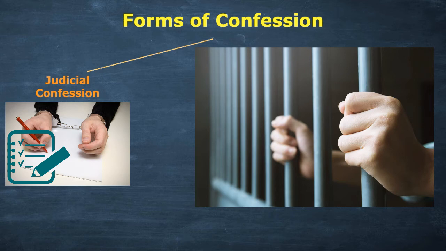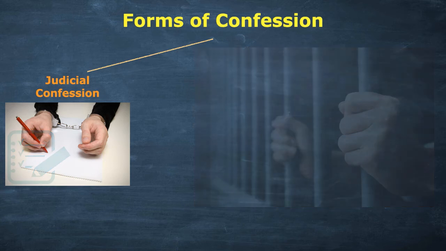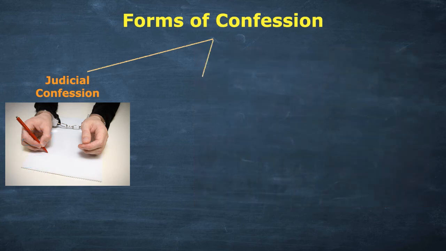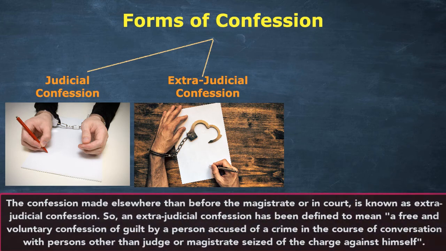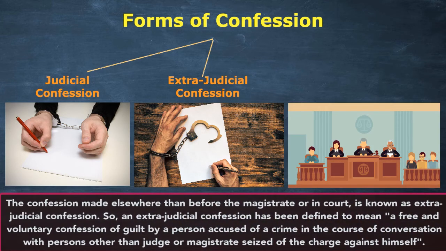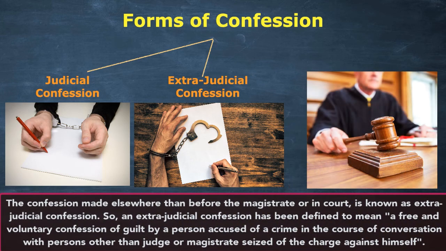So this is the value or importance of judicial confession. The second one is extrajudicial confession. Any confession that is not given in the court or in front of a magistrate is known as extrajudicial. Simple. So a confession made elsewhere than before the magistrate or in court is known as extrajudicial confession.